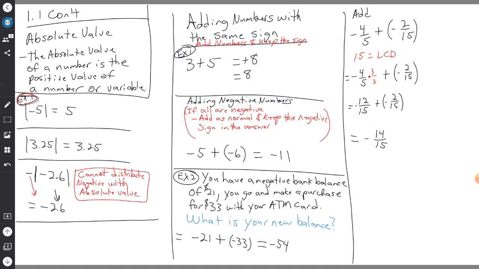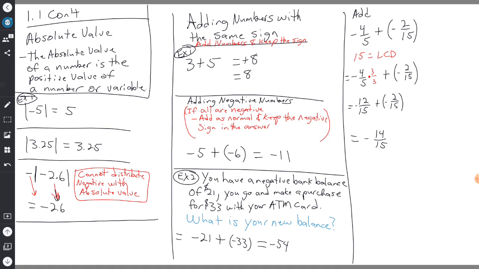Now, if you have an absolute value with a negative number on the inside and a negative outside of the absolute value, then one thing you want to keep in mind is that you cannot distribute that negative. You have to take the absolute value first, which will give you a positive 2.6.